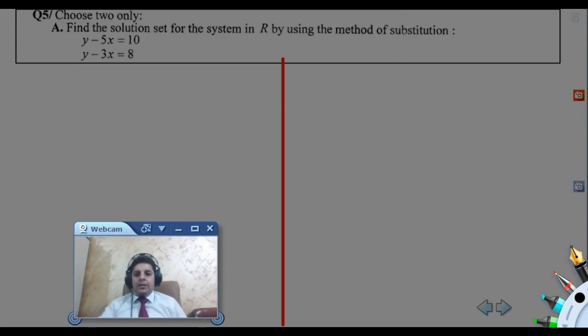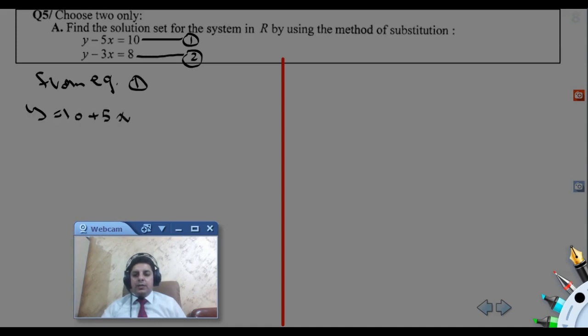Name the first equation 1, name the second equation 2. From equation 1, y minus 5x equals 10, then y equals 10 plus 5x.